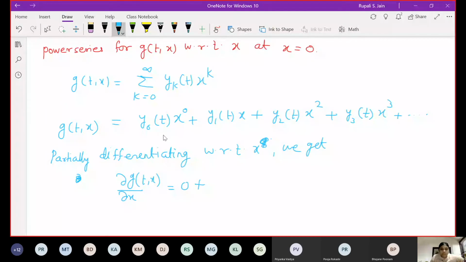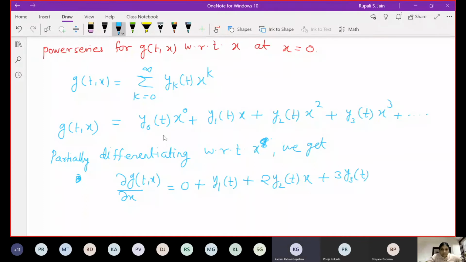What is the differentiation of the second term? y_1(t). What is the third? 2 times y_2(t) x. The fourth term: 3 times y_3(t) x square, and so on.